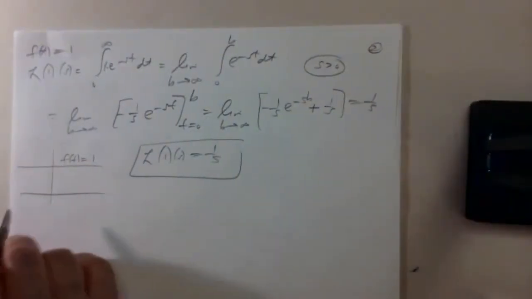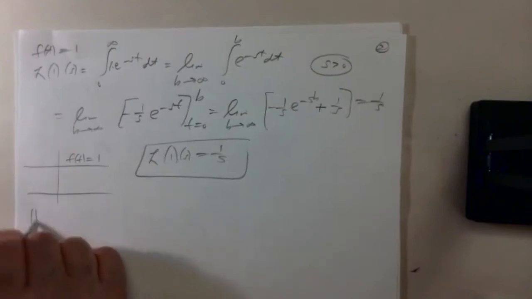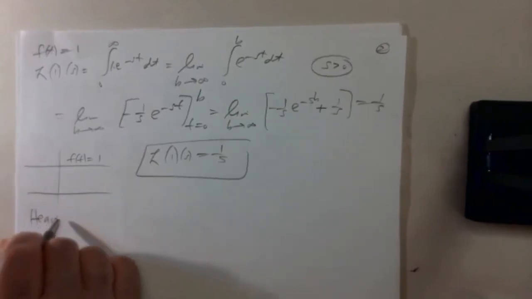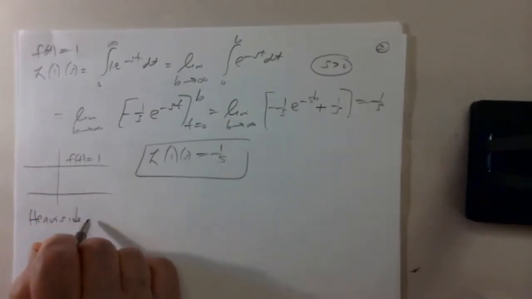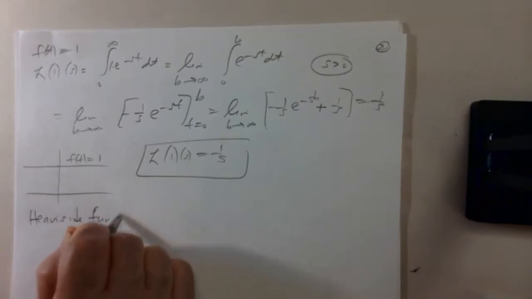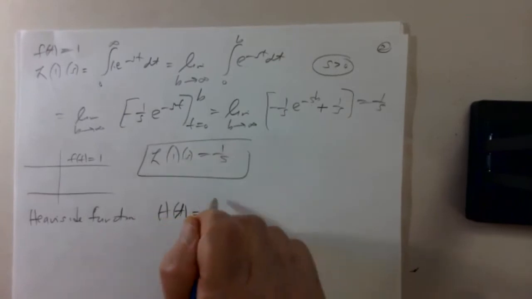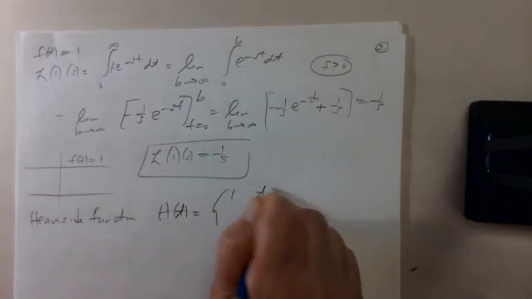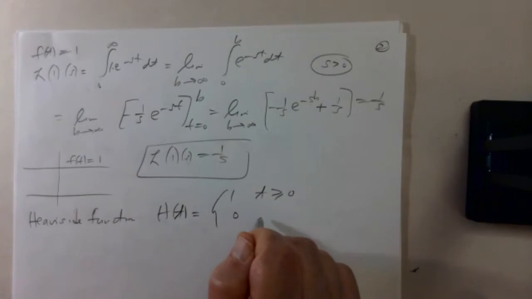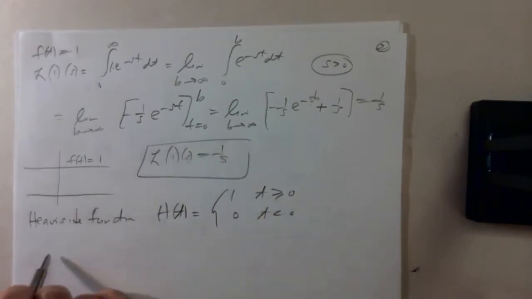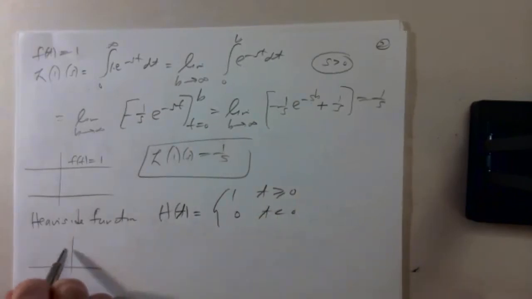So here's a very simple example of that. There's a function in mathematics called the Heaviside function, h of t, which is the simplest step function. This is equal to 1 if t is greater than or equal to 0, and 0 if t is less than 0. So this is the function which looks like this.